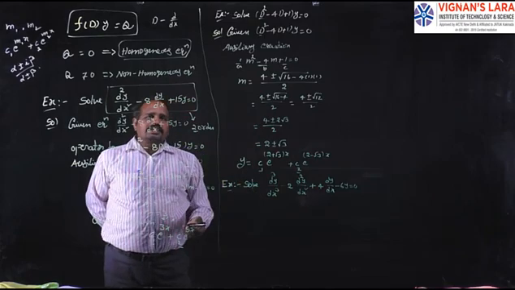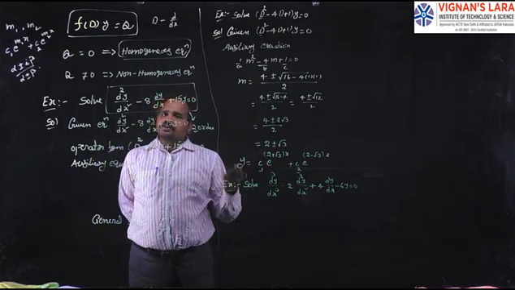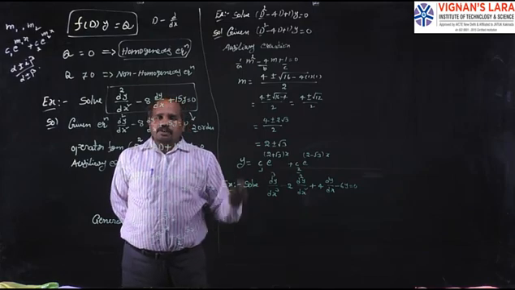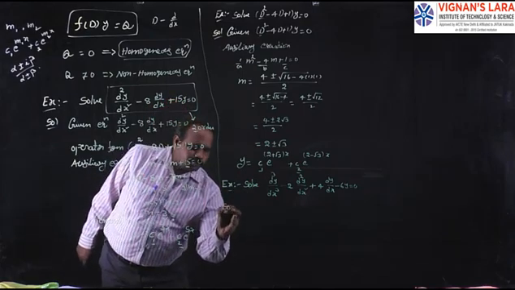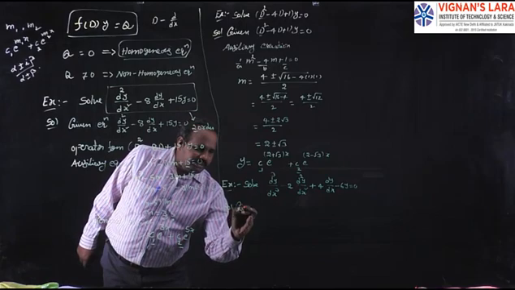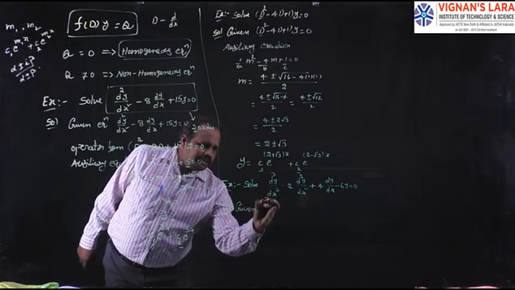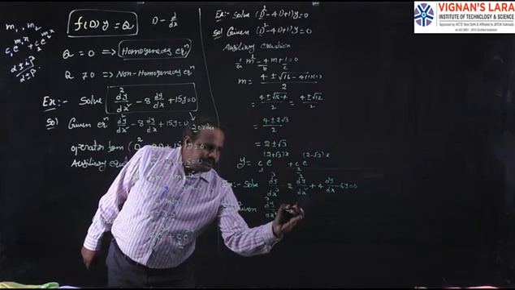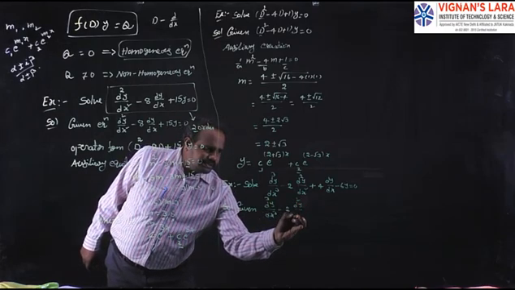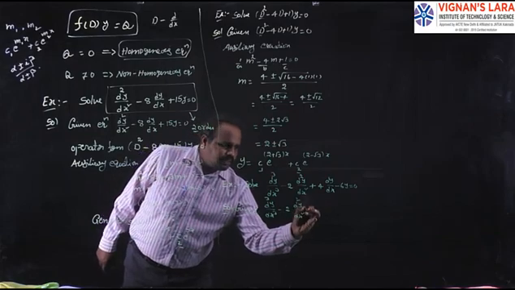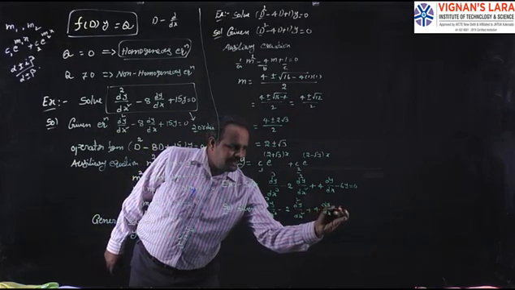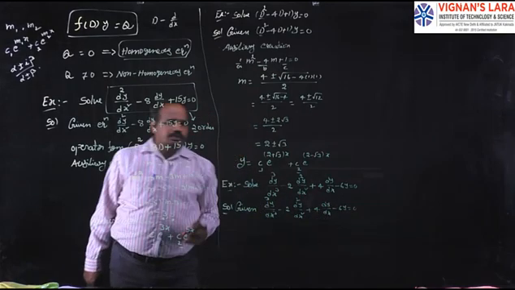So this is the given equation. First we have to write the corresponding operator form, because the equation is given in differential form. Solution: write the given equation, d cube y by dx cube minus 2 d square y by dx square plus 4 dy by dx minus 6y is equal to 0.